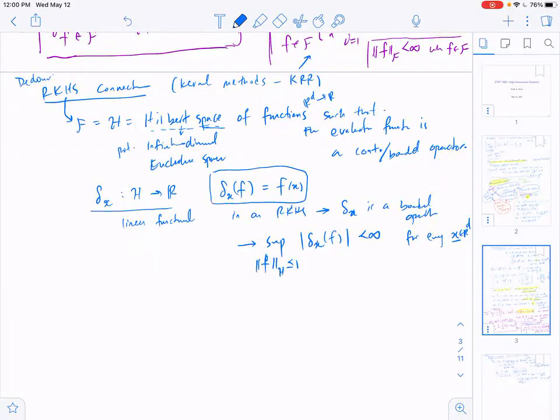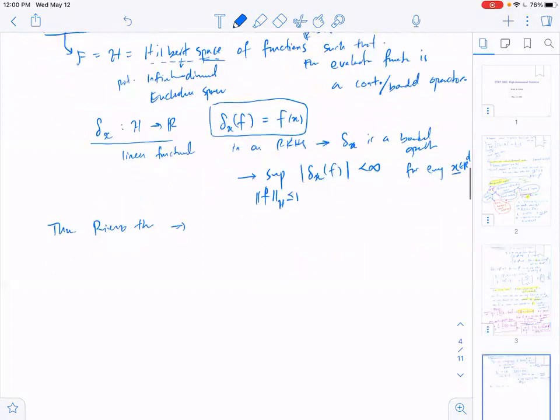And so there's this theorem called, I believe, Riesz's theorem, I can't write his name, that every bounded functional can be written as another member of the Hilbert space.